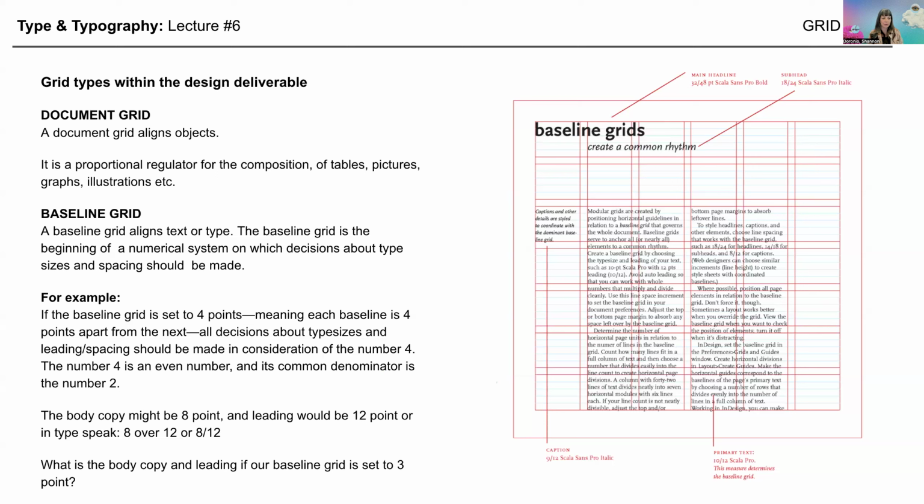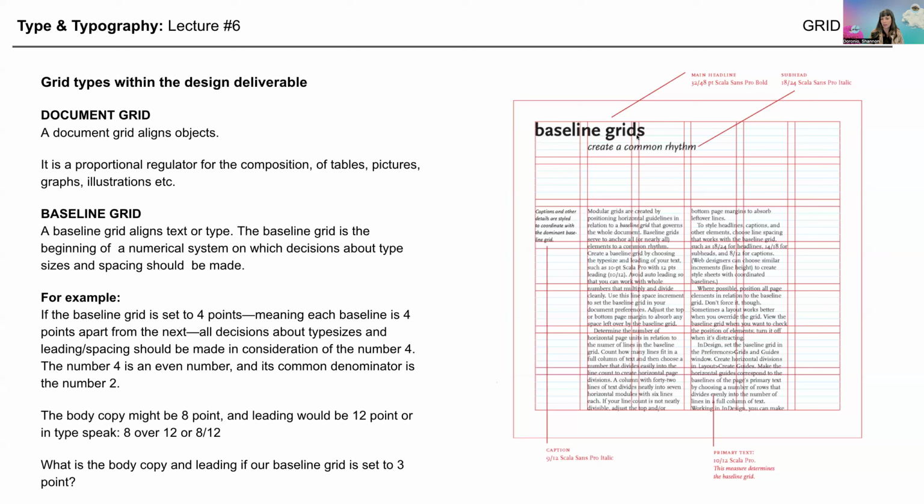So, for example, if a baseline grid is set to 4 points, that means the baseline shows up every 4 points from the one before it. All decisions about your type size and leading, so that's the spacing between lines, should be made in consideration of the number 4. Also, because the number 4 is an even number, it has a common denominator in the number 2, which gives you a little bit of flexibility.